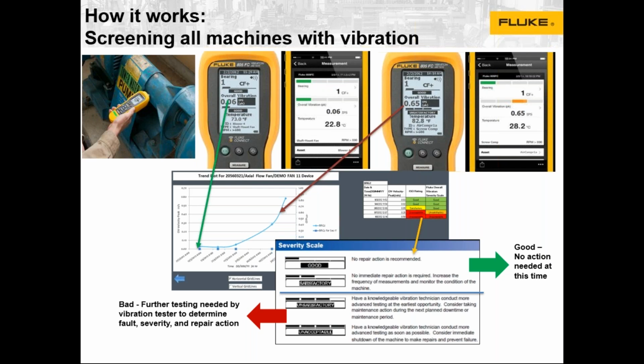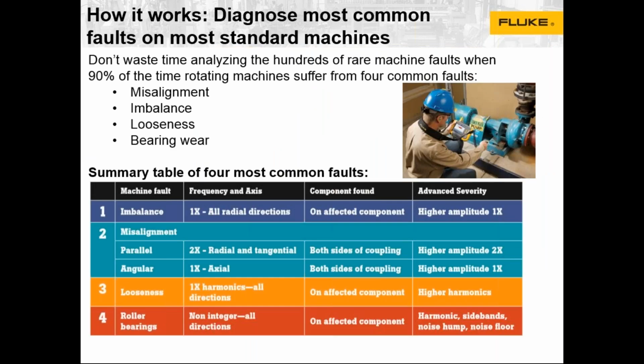So the purpose of the screening tool isn't to tell us what the fault is and what to do to fix it. It's simply, in a few seconds, telling us quickly, is the machine good or bad? So screen out 80% that are good, and now only 20% have to be bumped up to the next level. The next level is the diagnostic tool.